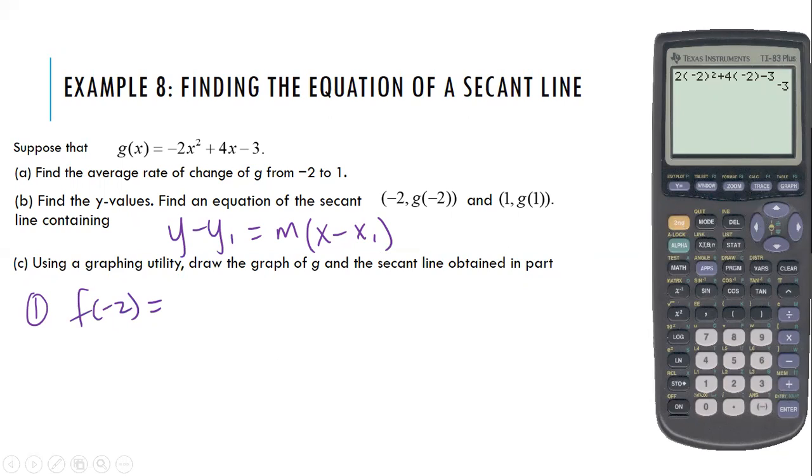This is a learning experience of how not to have to type everything. I did it on purpose. Here we go. If you don't want to retype everything, you press second and you see where it says enter. It brings down what you already typed and you can just correct yourself. So I'm going to go over and I'm going to insert a negative. Second, delete allows me to insert a negative and nothing ever went wrong.